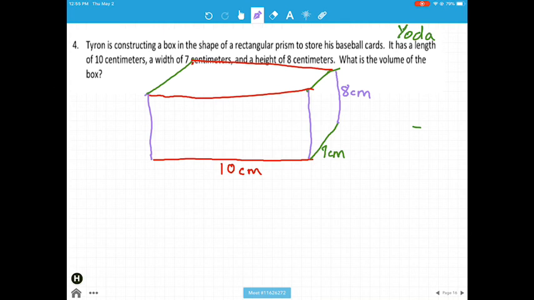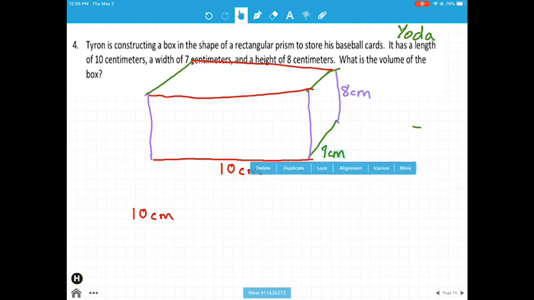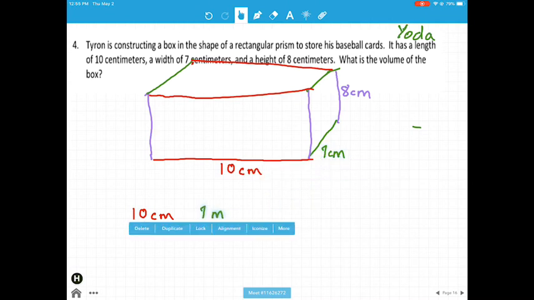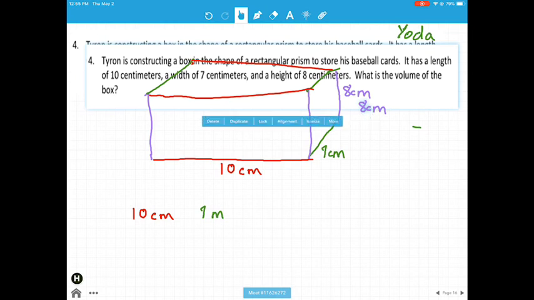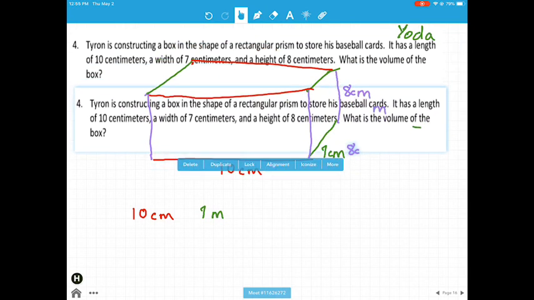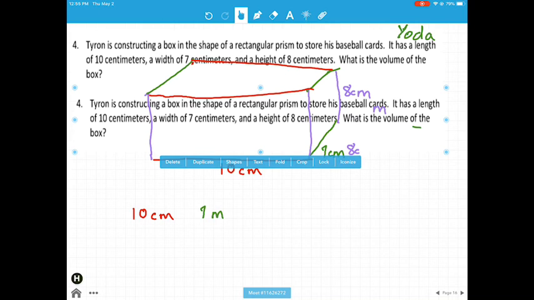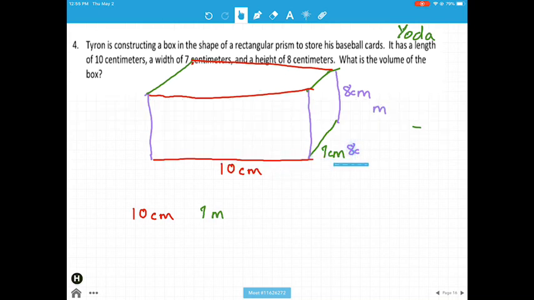So we multiply across, and we do our 10 times our 7 times our 8 centimeters.